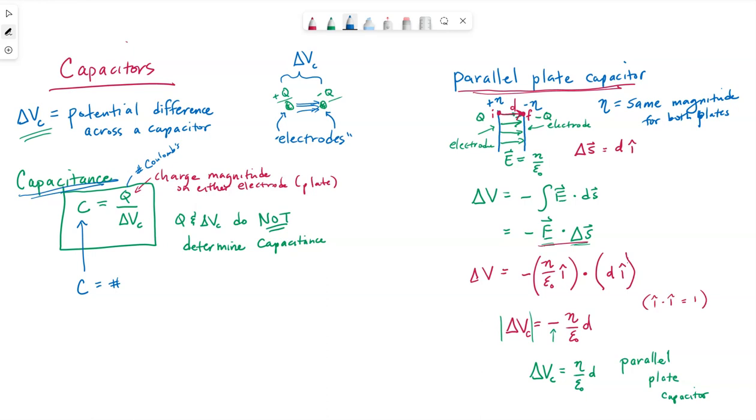Units of capacitance. Well, charge is in coulombs. Delta V is in volts. So units of coulombs per volt is what capacitance is measured in. We call this a farad, as in Michael Faraday, and we use a capital F to represent that.